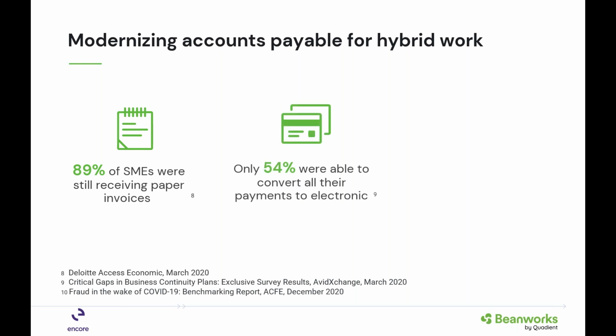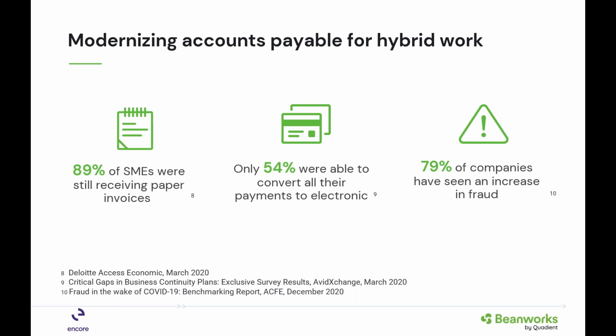Many organizations were still cutting paper checks as well, and only 54% of those organizations actually were able to convert over to fully electronic payments. Finance teams also lost oversight into their spend and increased the danger of errors and fraud from occurring due to the manual processes they had in place.